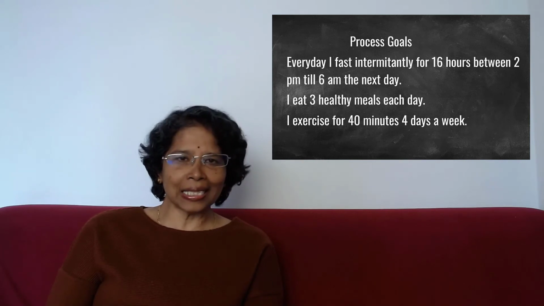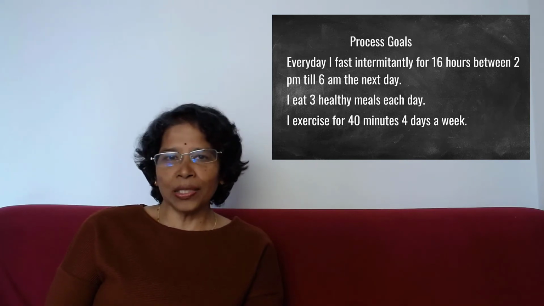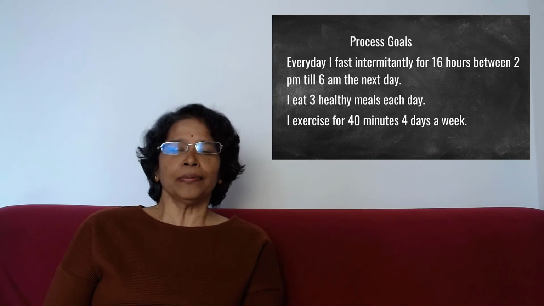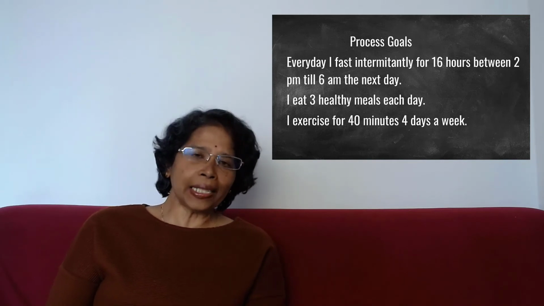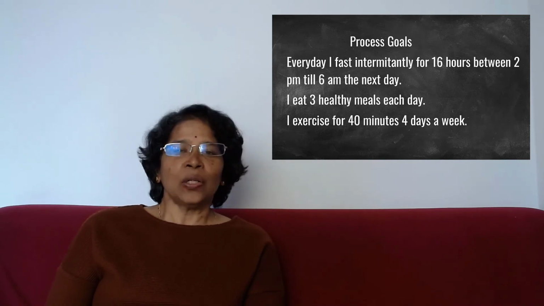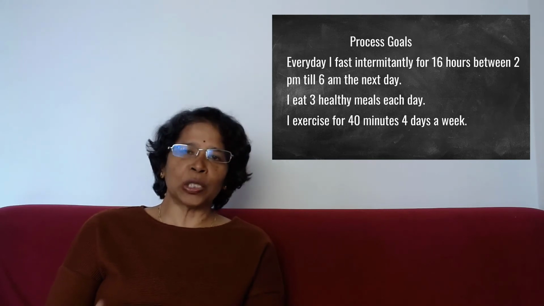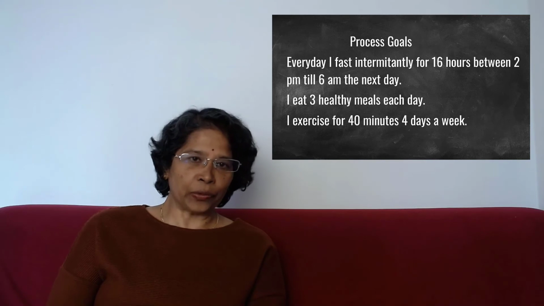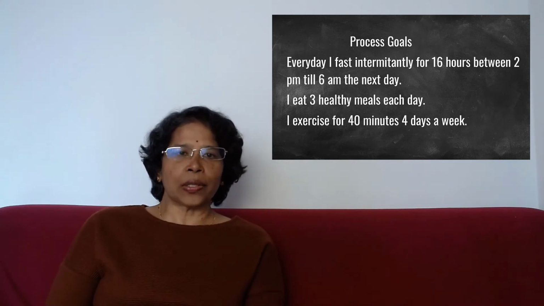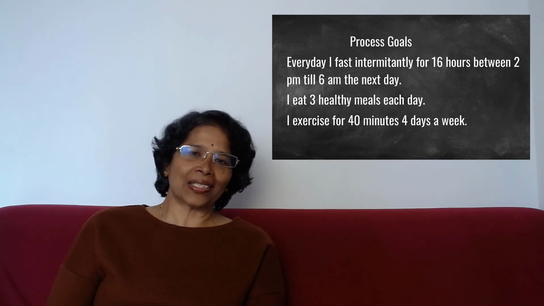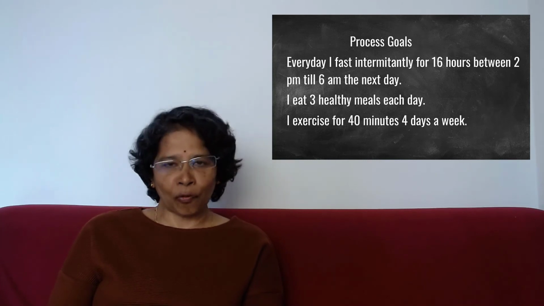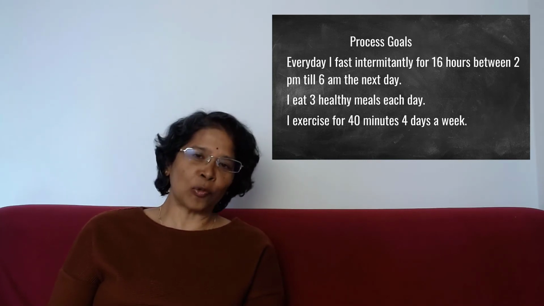What exactly is it that you eat and when do you eat it, right? So you will need a detailed meal plan, which is your system, which you then adhere to as a daily and weekly routine. The third process goal is I exercise for 40 minutes 4 days a week or 4 times a week.